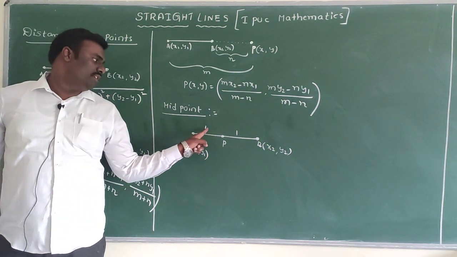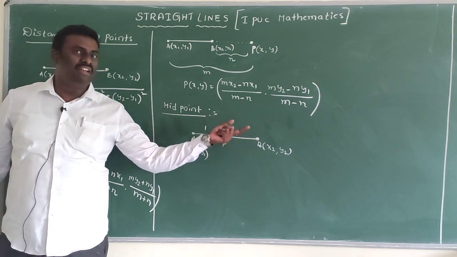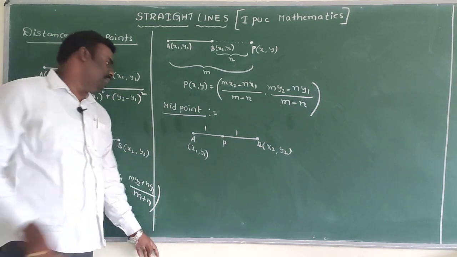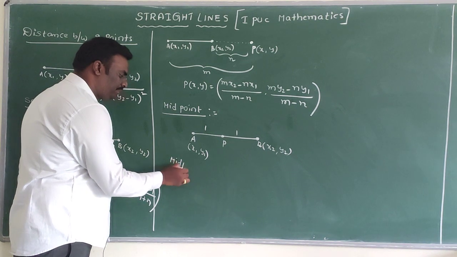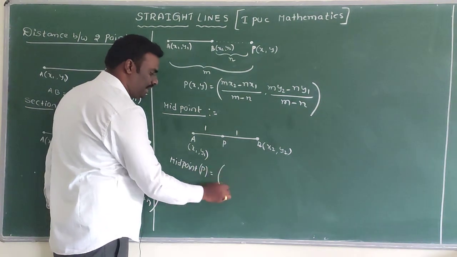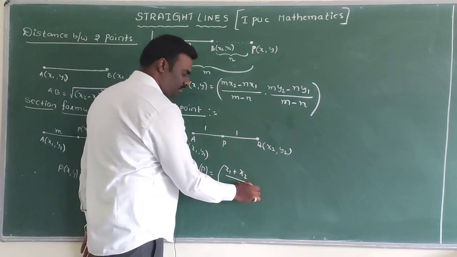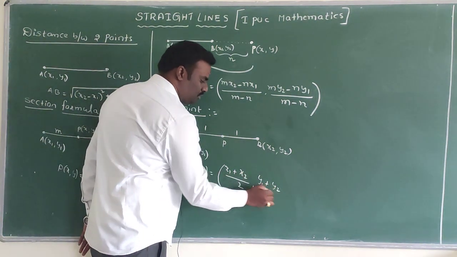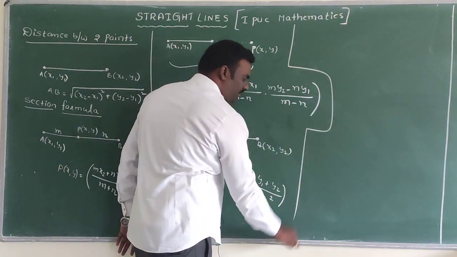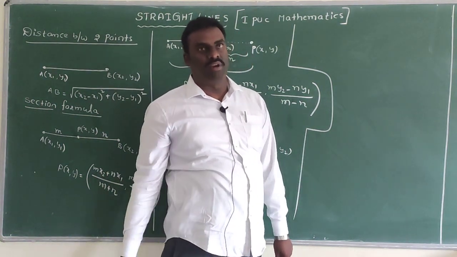Means in place of m you substitute 1, in place of n you substitute 1, substitute the m value and n value in this formula, you will get the midpoint formula. Now midpoint P equals, the formula is (x1 plus x2) by 2, (y1 plus y2) by 2. This is the formula for finding the midpoint of capital A and capital B. So this is the midpoint formula.